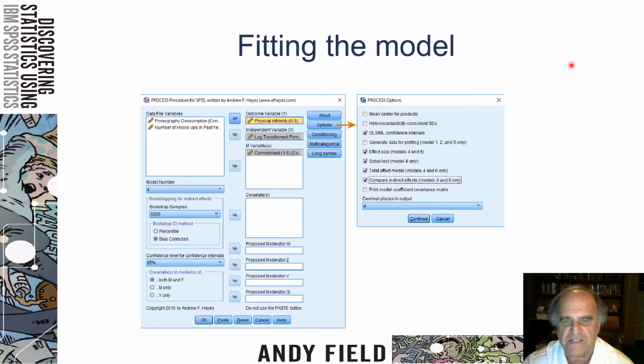Now you notice there are other options we don't have to worry about here. There's a multi-categorical option if you're using categorical variables that are more than dichotomous, that have multiple categories. There's a long name option because, as they discuss in the book, there's a problem with really long names in PROCESS. And you'll see there are also some options, like, for example, you can mean center.